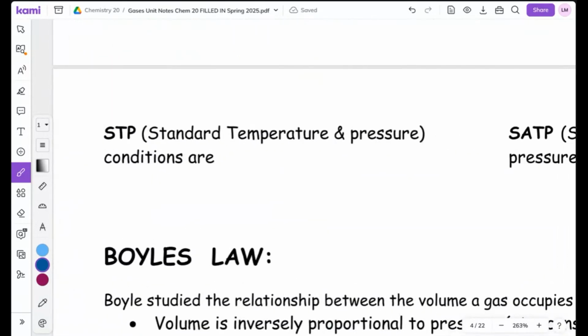Those conditions are, for temperature, 0 degrees Celsius, and for pressure, 101.325 kilopascals.